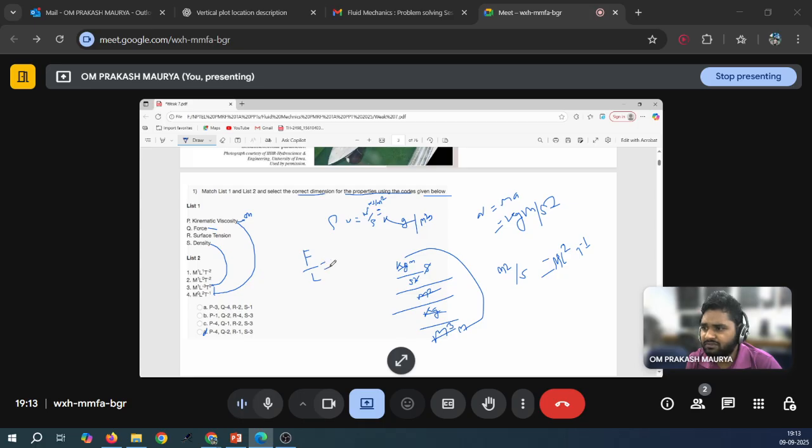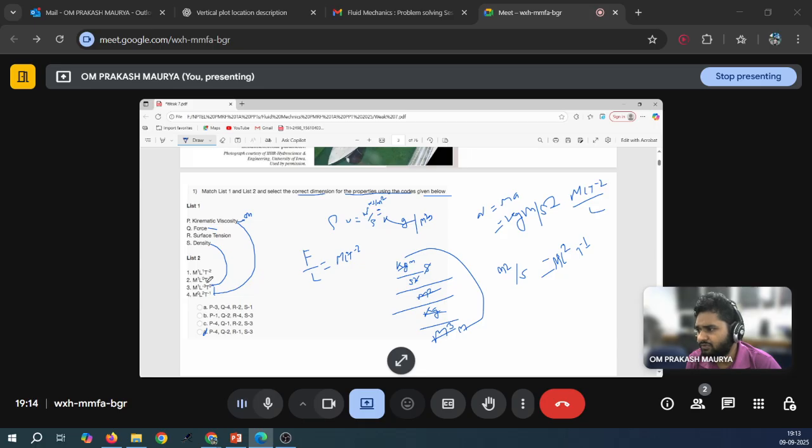Force is kg meter per second square, meaning M L T to the power minus 2, and dividing by length L, L is cancelled out, so M T to the power minus 2, and L raised to 0.